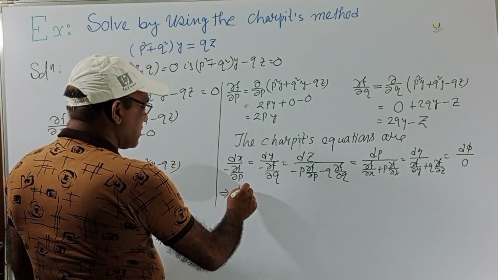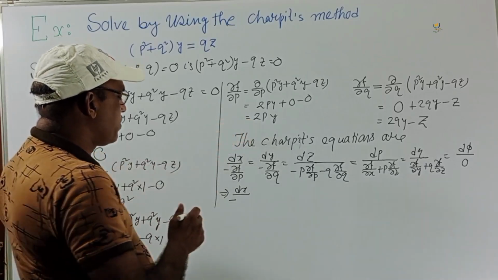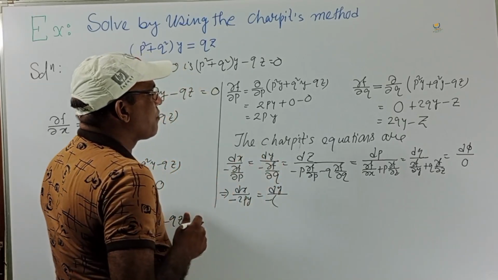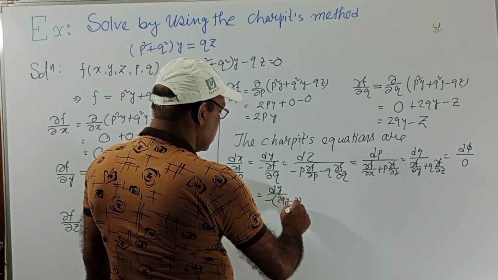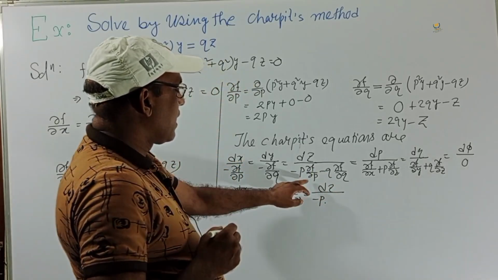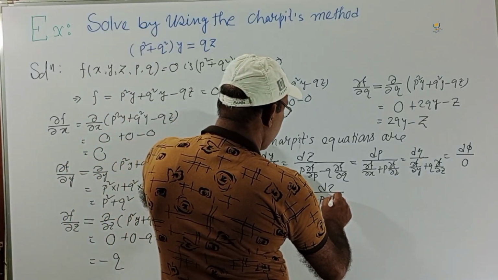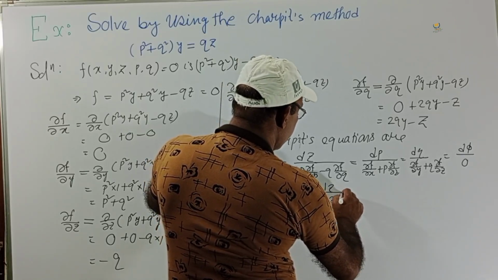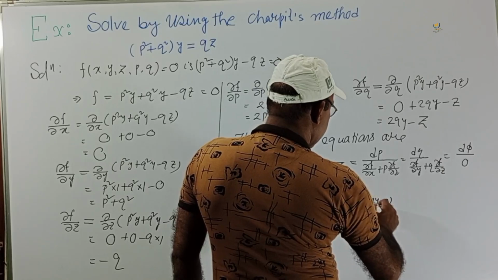So dx by minus del f del p, this is 2py. dy by minus del f del q, this is minus of 2qy minus z. dz by minus p del f del p, which is 2py, minus q del f del q, which is 2qy minus z.